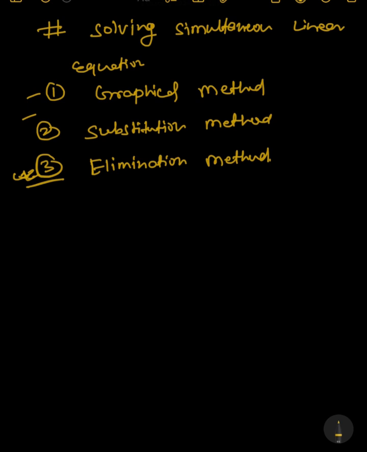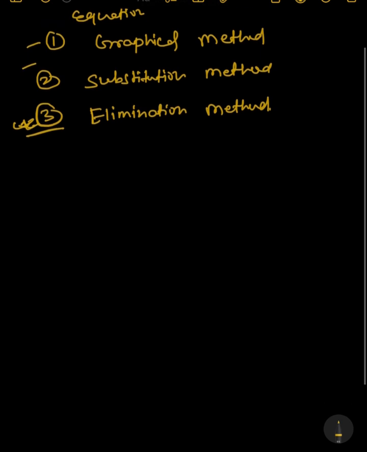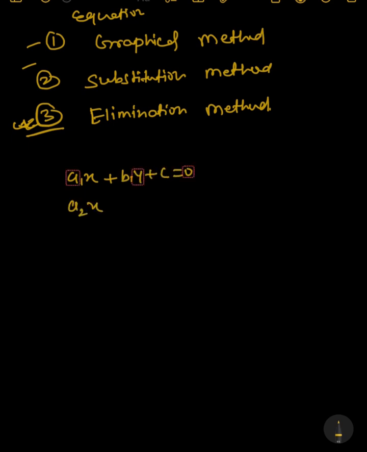So now I am starting the graphical method for solving the linear equation system. Suppose a1x plus b1y plus c1 equal to 0, a2x plus b2y plus c2 equal to 0.